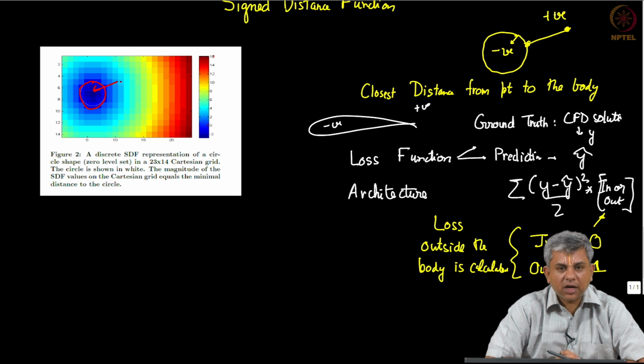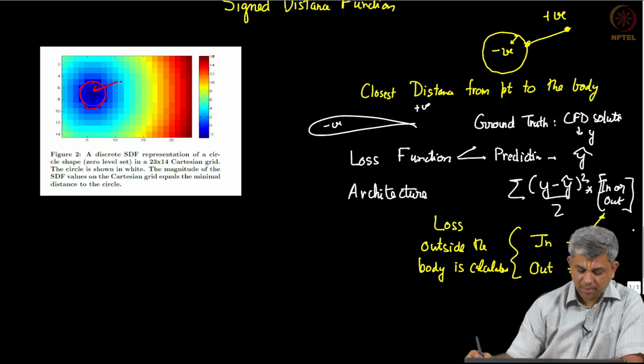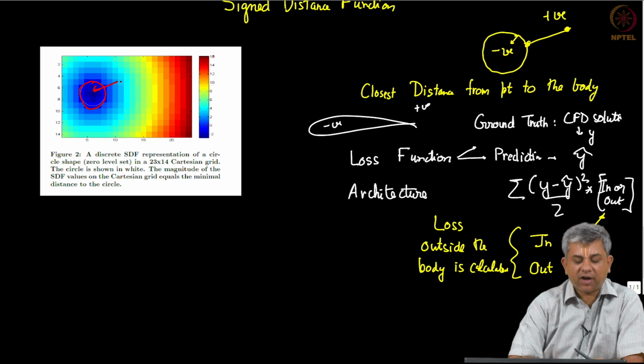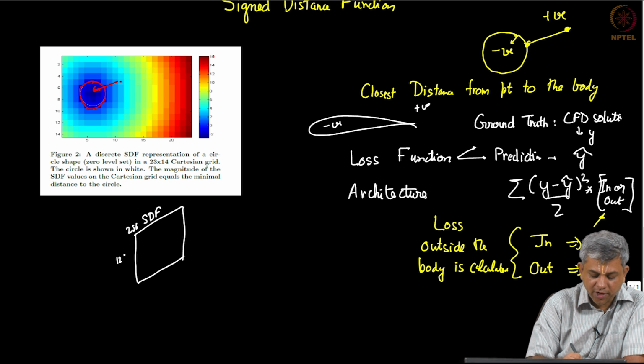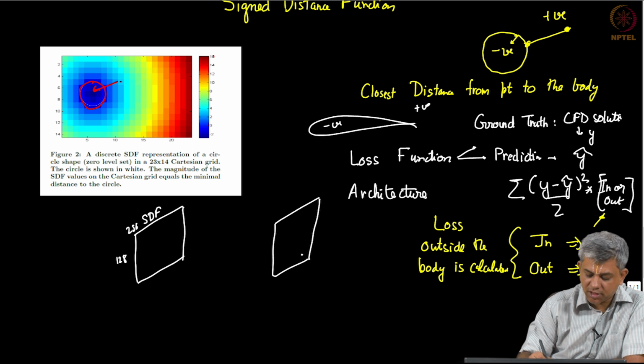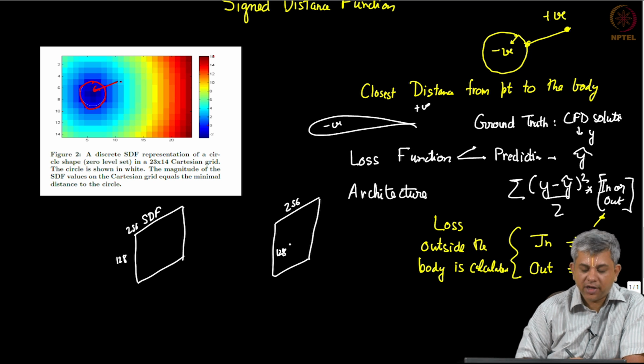Now, the last step is we want to find out what the architecture is that maps input to output. So, let us see that. I am going to give a rough architecture now, and then I will show you the architecture that they used. Now, remember we have an image as input, this image was the sign distance function, I will call it SDF, this was a 256 cross 128 image. We also have an image as output, again 256 cross 128.